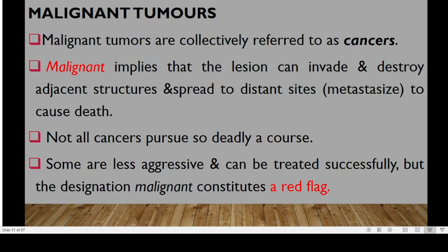Malignant tumors are collectively referred to as cancers. Okay? Malignant implies that the lesion can invade, destroy adjacent structures, and spread to distant sites, that is metastasize, to cause death. Remember, when they are metastasizing, they normally metastasize to vital organs like the brain, the heart, the lungs, the kidneys, the liver, the bones.